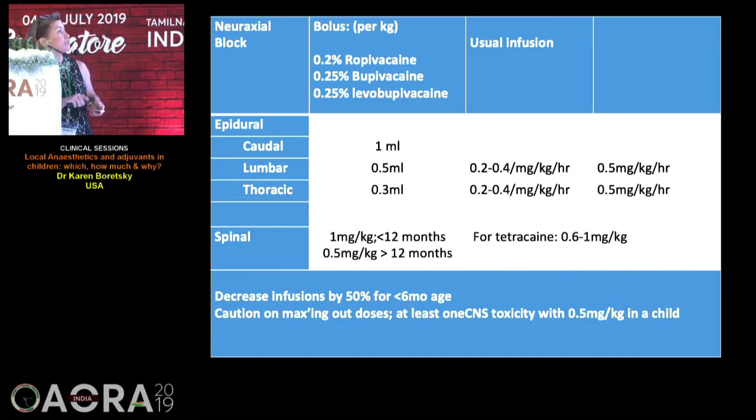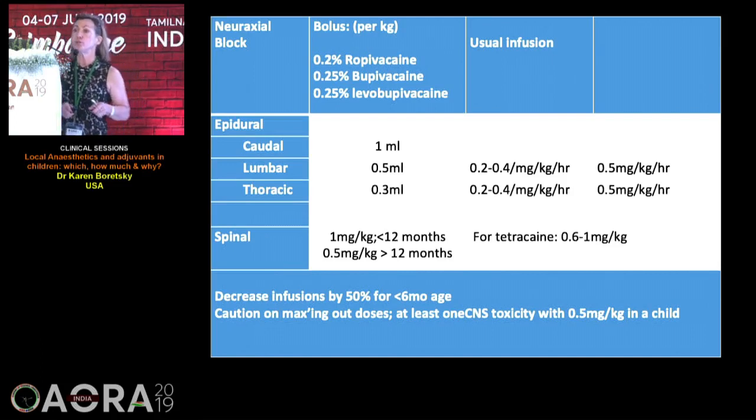In terms of infusions, the recommended doses for lumbar, 0.2 to 0.4 mg per kg per hour. For thoracic epidurals, again, 0.2 to 0.4 mg per kg per hour. And your maximum here is 0.5 mg per kg per hour, but this is for older children.